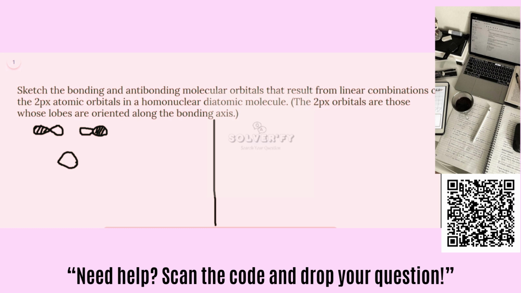It interacts positively. And the second lobe gets a lot smaller. That's because a little bit of this positive charge here, or not positive charge, but positive sign, is getting into there and canceling a little bit of that out. So this is for bonding.